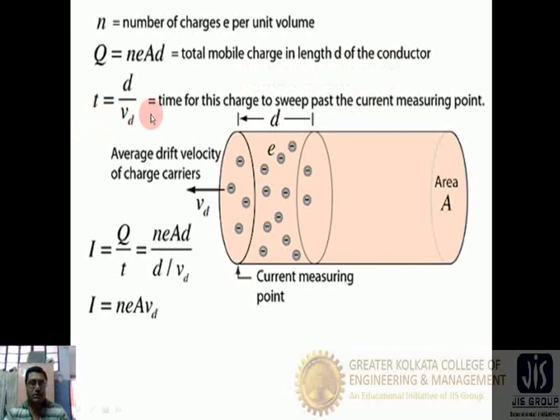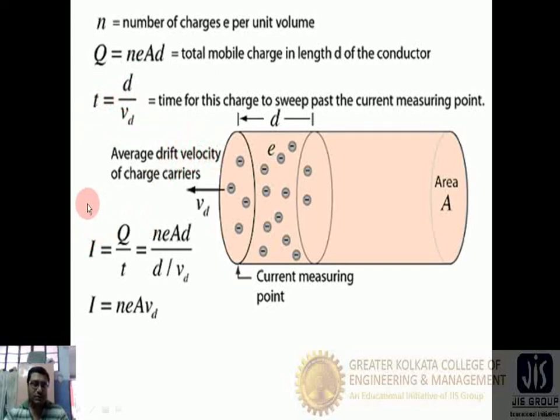T is the time for the charge to move from this part to this, which is the distance D. If Vd is the average velocity of the charge, then we can find the time T equal to D by Vd.